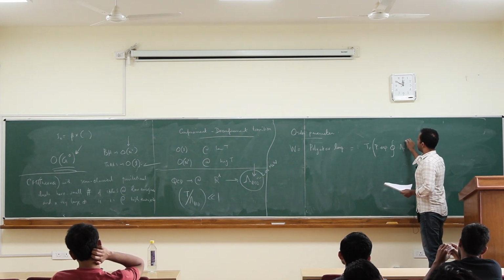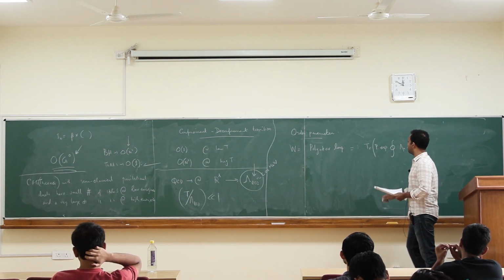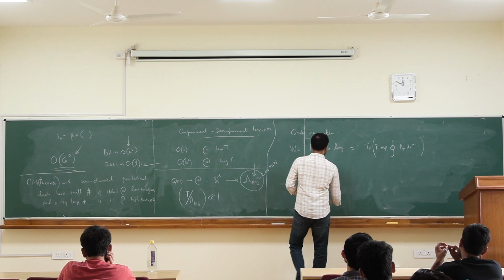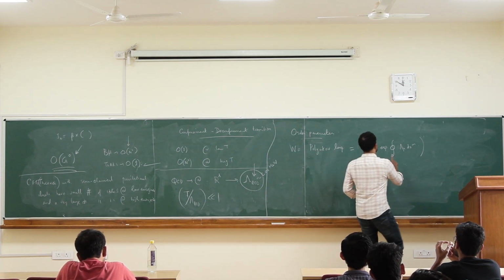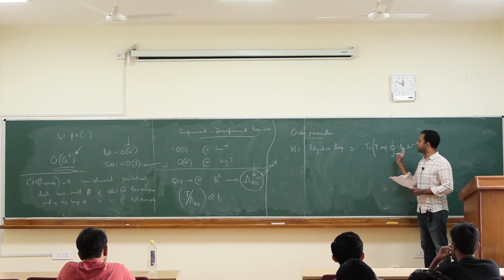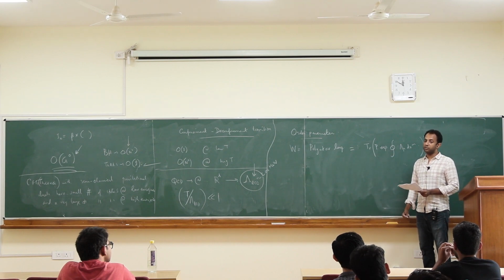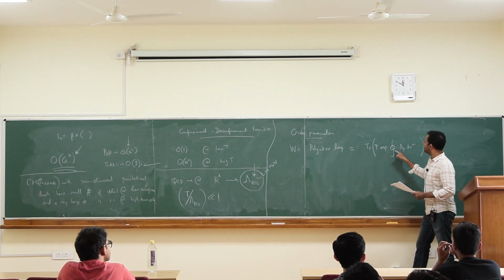The trace is there because if I have a non-abelian theory, I need to have a trace. If you have not seen too much of Wilson loops, it doesn't matter. But the point I want to emphasize is that this is computed around the thermal circle. Typically this sort of object is called a Wilson loop. The reason we distinguish it and call it a Polyakov loop is because we are computing it around this circle.